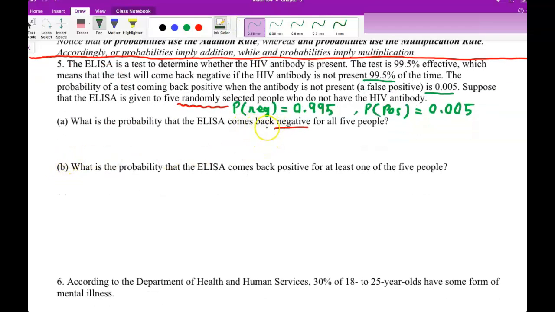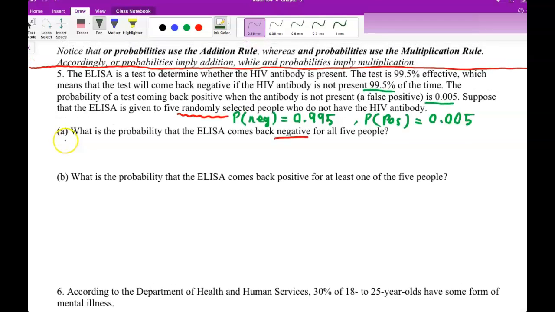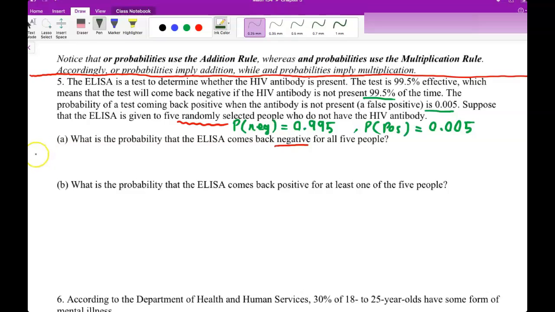Now here we have negative for all 5. So all 5 negative. I have the first one negative, second negative, third negative. So all of these 5 negative.